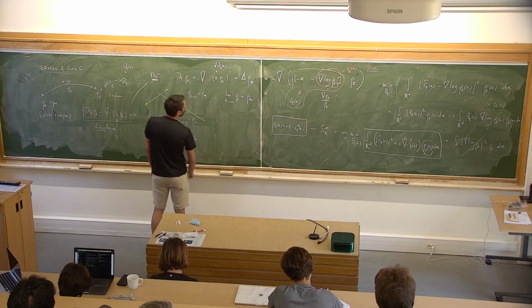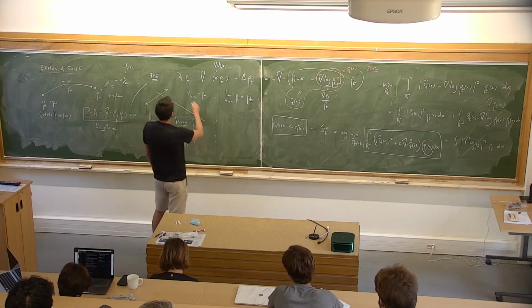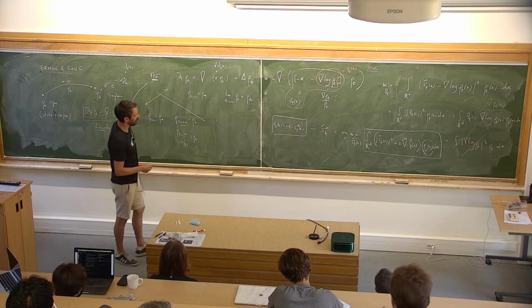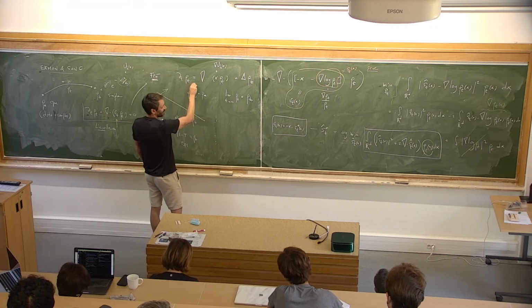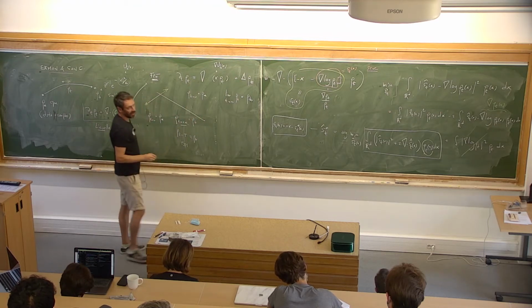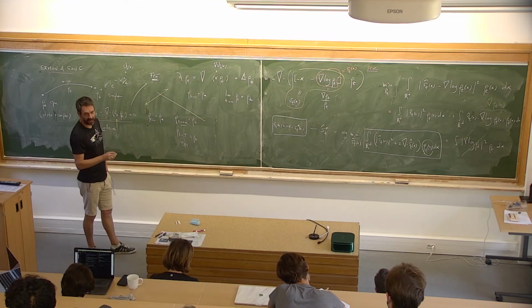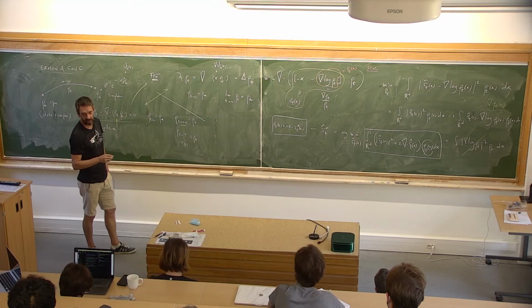Why? Because the rho t that satisfies this Fokker-Planck equation is in fact the probability density function of an Ornstein-Uhlenbeck process.